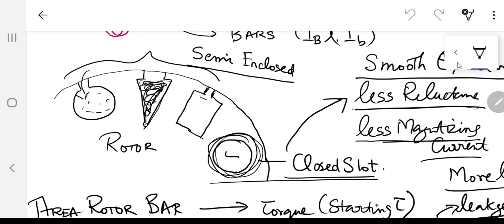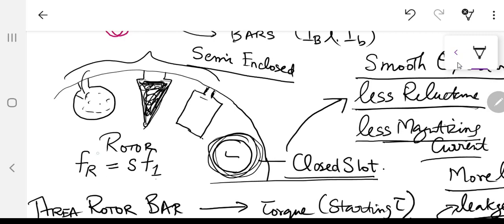When the machine is going to start from rest, listen to this carefully, the slip is going to be 1. So when slip is going to be 1, this is very important, the rotor frequency is going to be fr = s × f1. What is f1? The stator applied frequency. Now in Pakistan we are applying 50 Hertz.